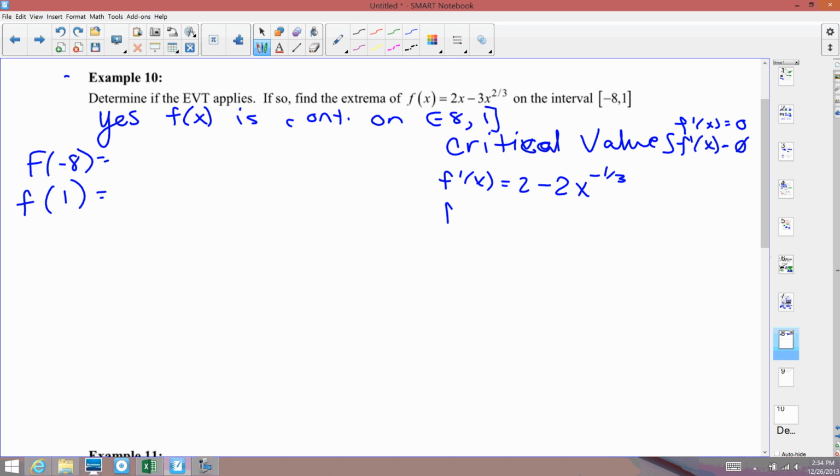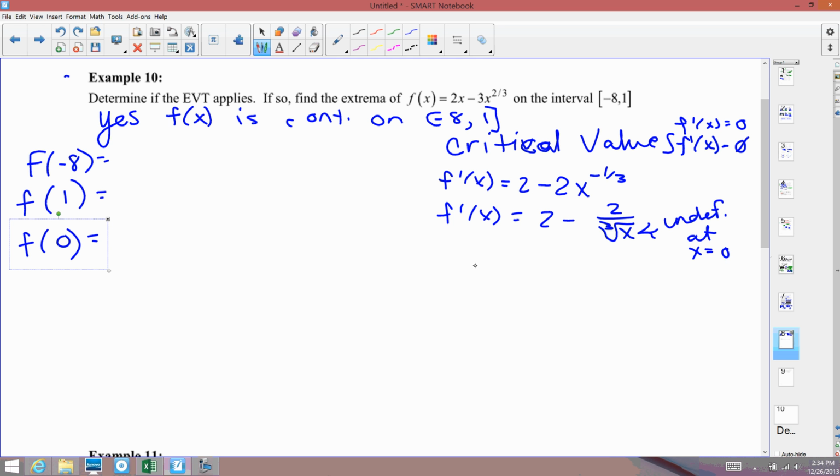Another way of writing this, which might make it a little more clear, is 2 over the cube root of x. So this is going to be undefined at x equals 0. So we'll add that to our possible list of candidates.